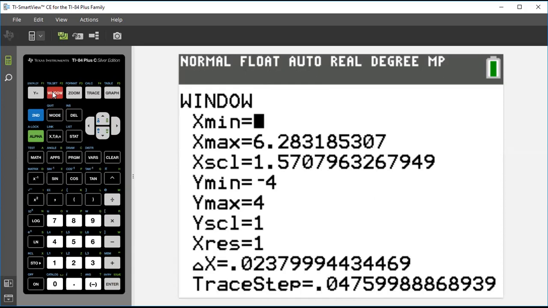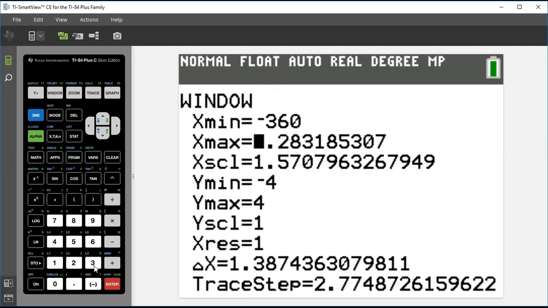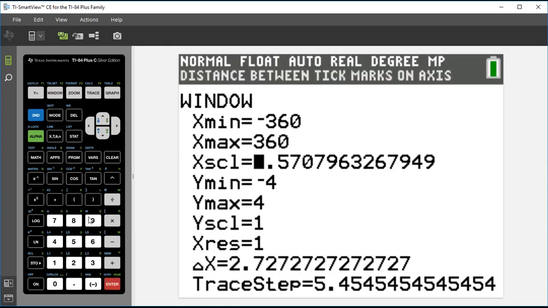The x min is the smallest value on the left-hand side of your graph paper. What was the smallest value on the left-hand side of the graph paper? -360. Good. The largest was 360. And I'm going to scale this by 90 degrees.